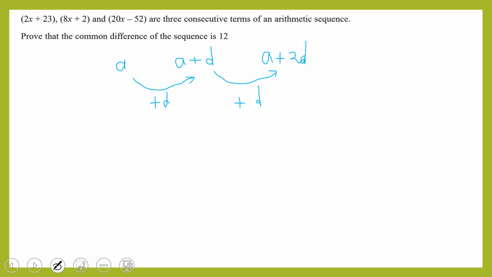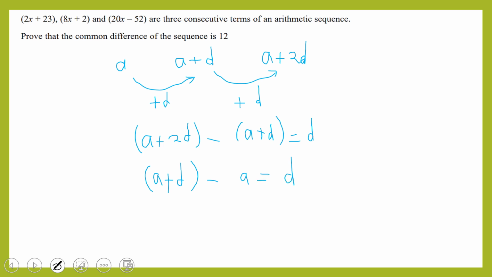If you subtract the last one a plus 2d minus the second one, the answer will be d. And if you subtract a plus d minus a, the answer will be d as well. So whenever you subtract the last one minus the one before, it gives you d, and so on. The difference between these is d.